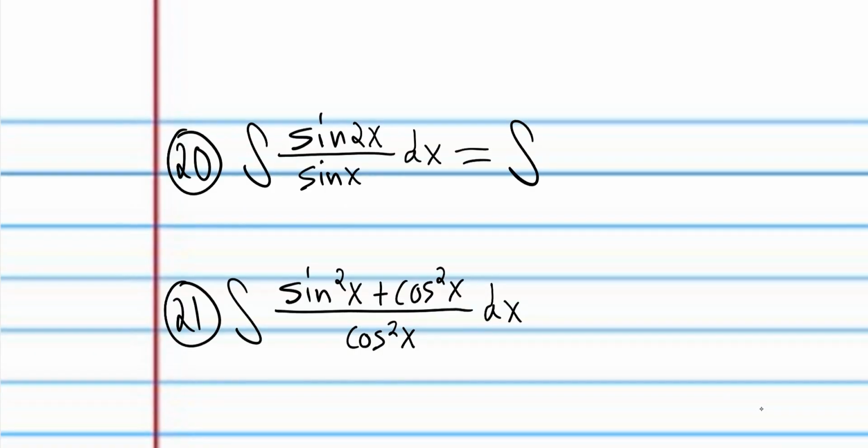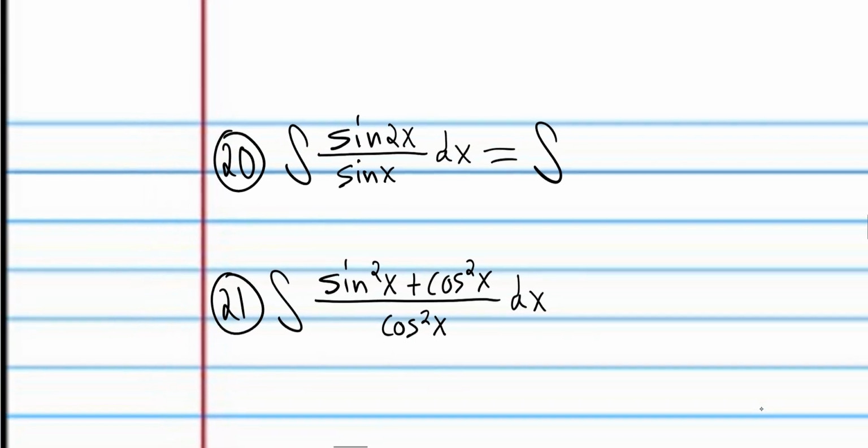So now we have a double angle, sine of 2x. A lot of students would try to divide these. You can't divide them because this is something totally different from that. But we can change sine 2x to 2 times sine x times cosine x. That's a double angle identity. We learned that in my trigonometry course.